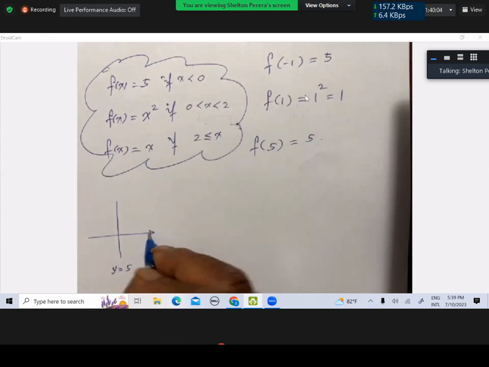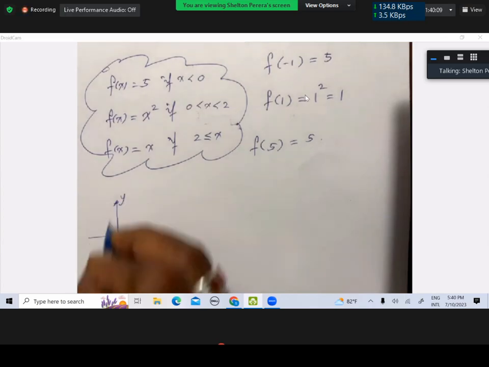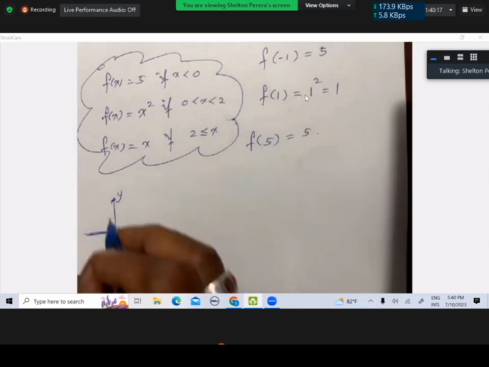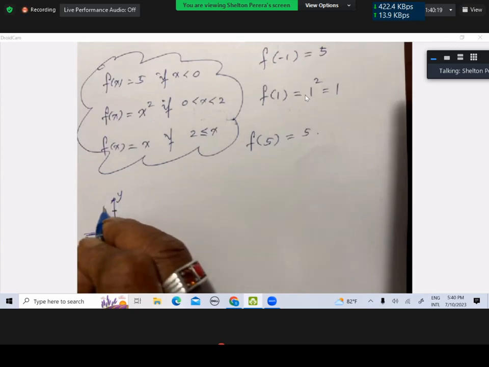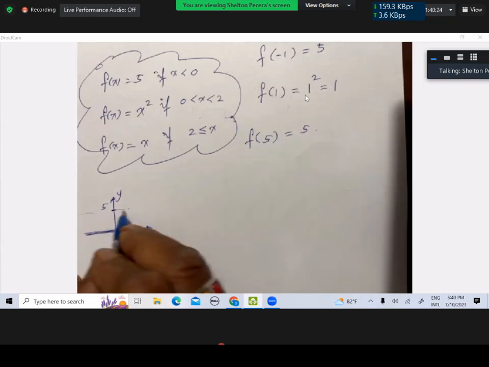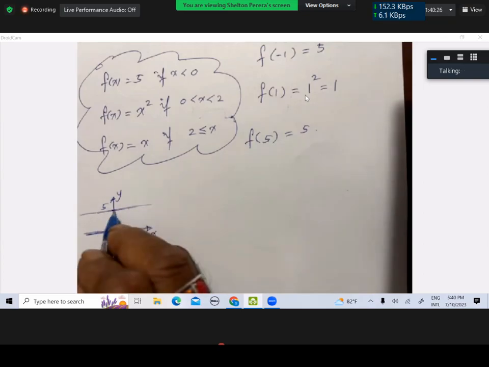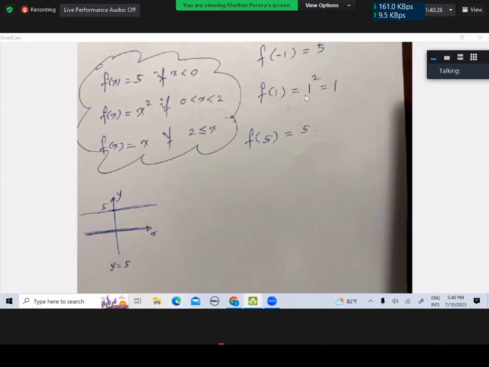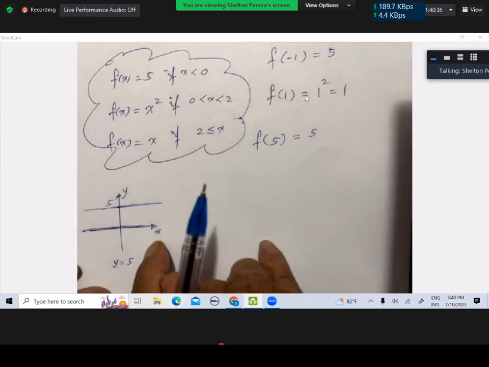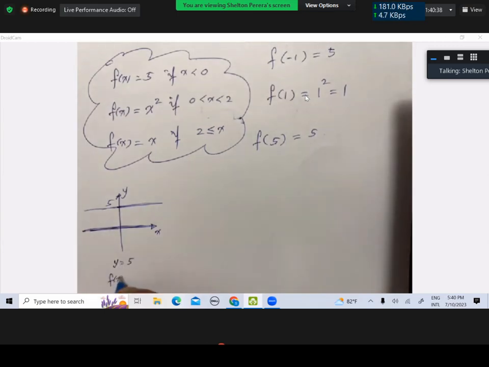X-axis, y-axis. Y equals 5. So go to y-axis, mark the 5. For any input, it is 5. So you get that, a graph of f of x equals 5.